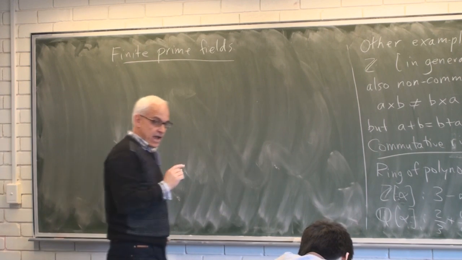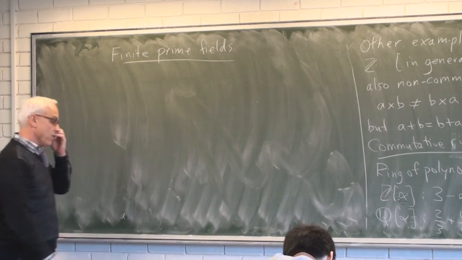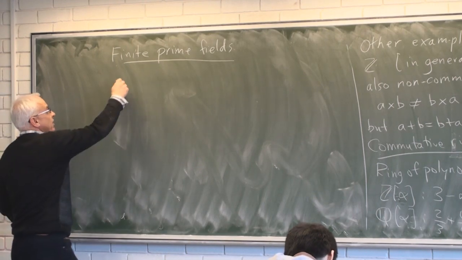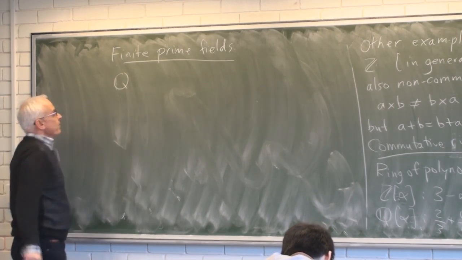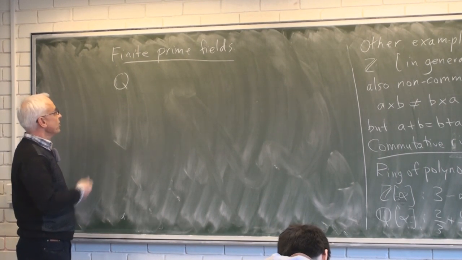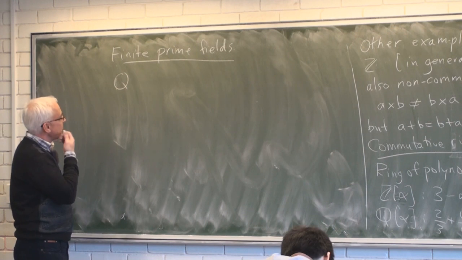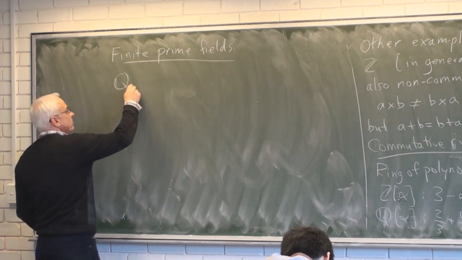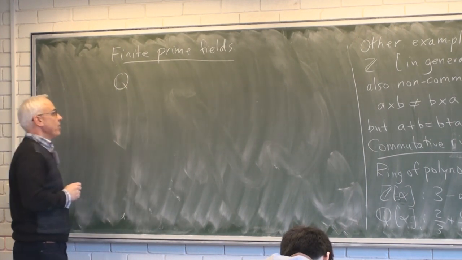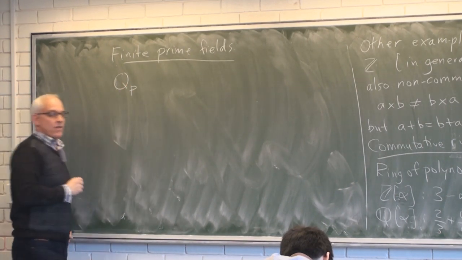So this is a non-standard description of a finite prime field that I'm going to give you now. So I'm going to define a Q. I'm not really sure what would be a good terminology for it. I want to put a P somewhere. So if I put a P here, it probably is not such good notation, but I might do that anyway.